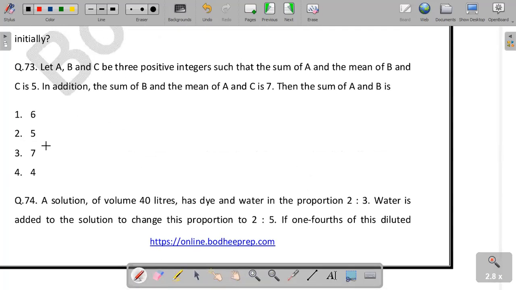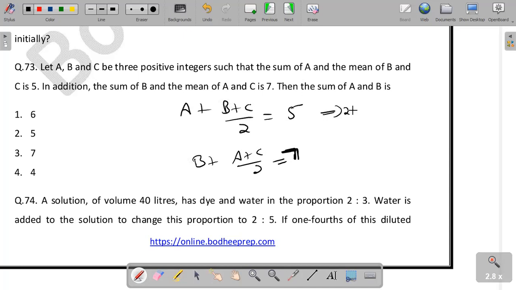A, B, C are three positive integers such that the sum of A and the mean of B and C is 5. Okay, so nothing to worry about. In addition, the sum of B and the mean of A and C is equal to 7. Okay, so I can say 2A plus B plus C is equal to 10. 2B plus A plus C is equal to 14.